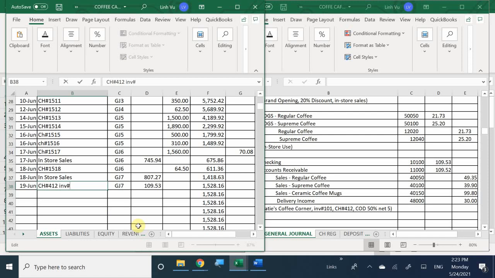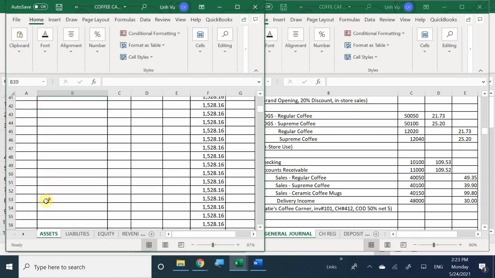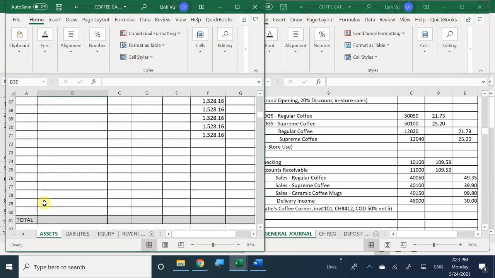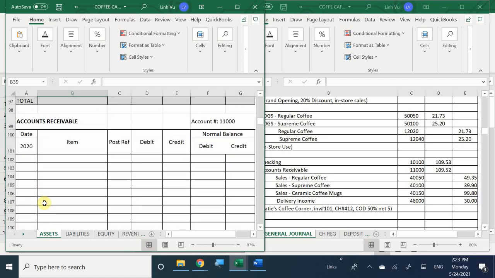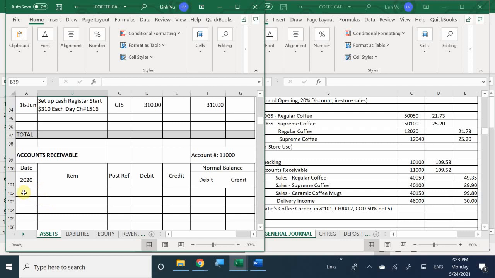I'm just going to add this just in case. Accounts receivable is here, our very first one.